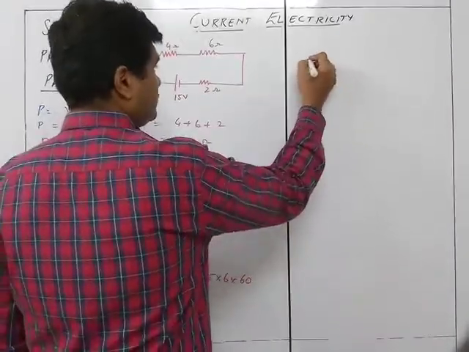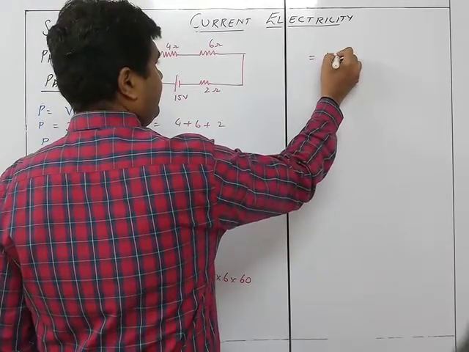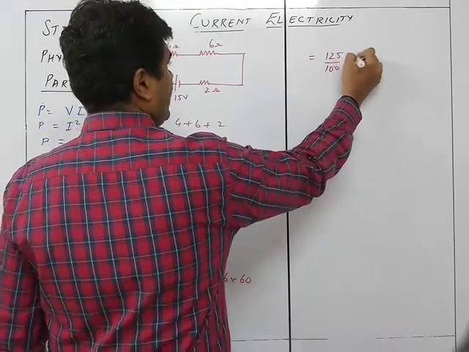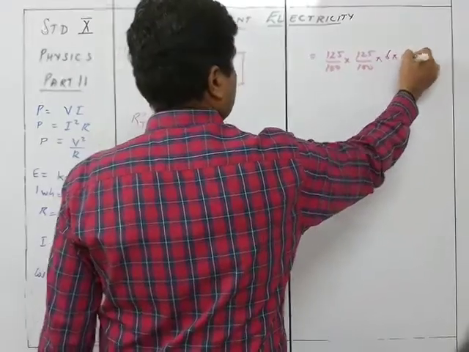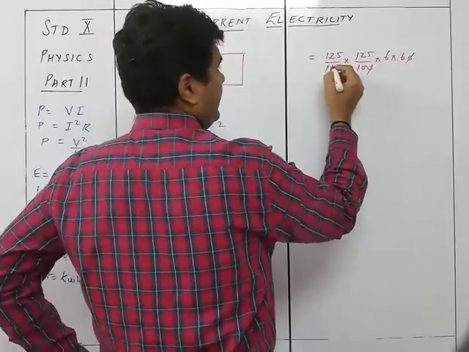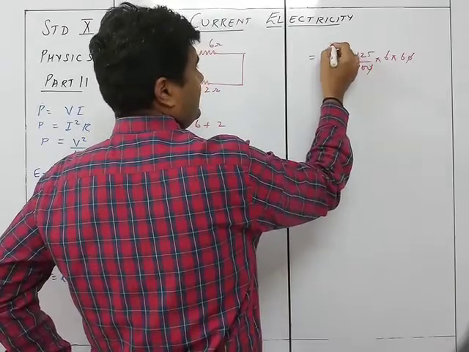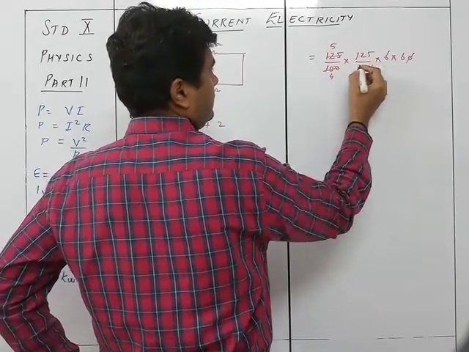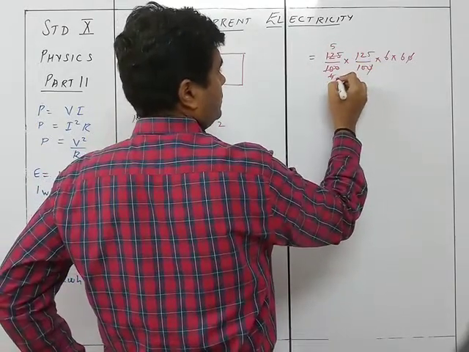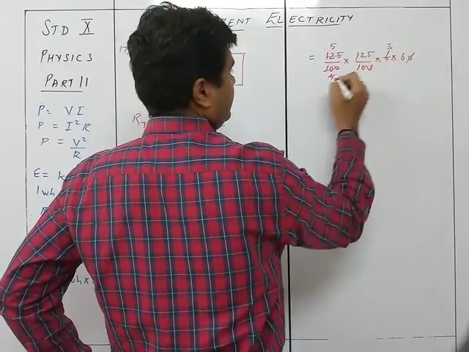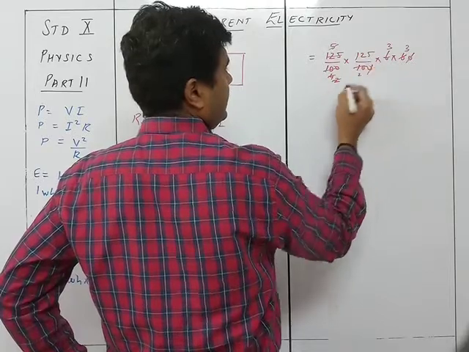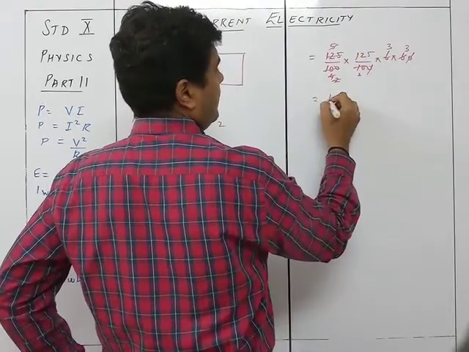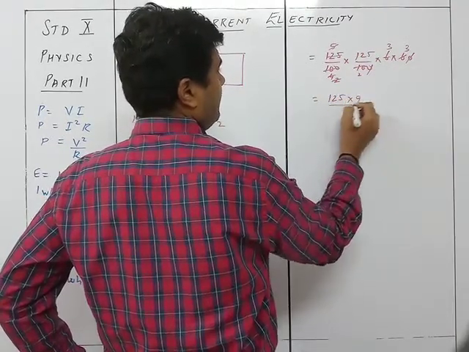I'll do some cancellations here. So it is going to be 125 upon 100 into 125 upon 100 into 6 into 60. So 6 cancels, and we get 125 into 9 upon 2.